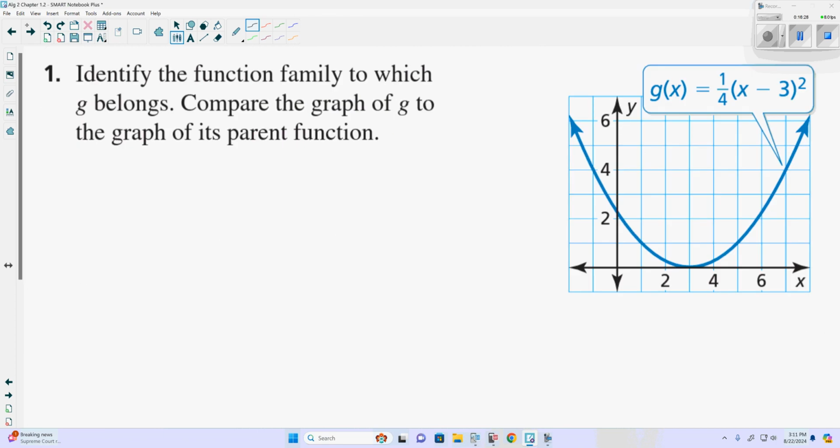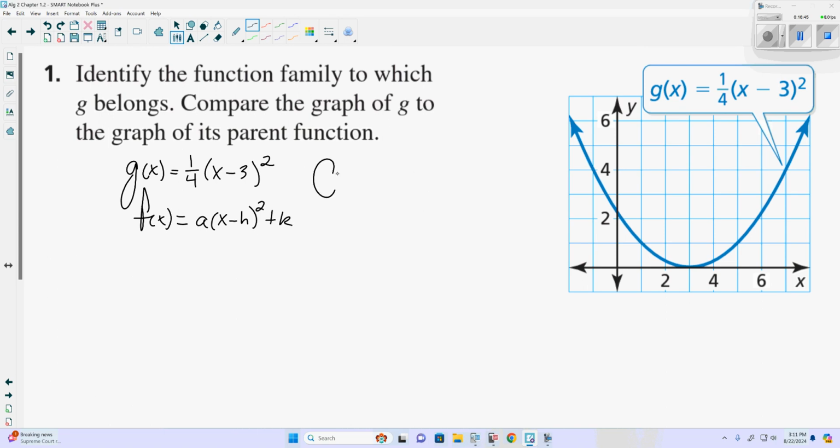Our next function, g of x, is equal to 1/4 of (x minus 3) squared. Now the family it belongs to is quadratic, because it has the square.